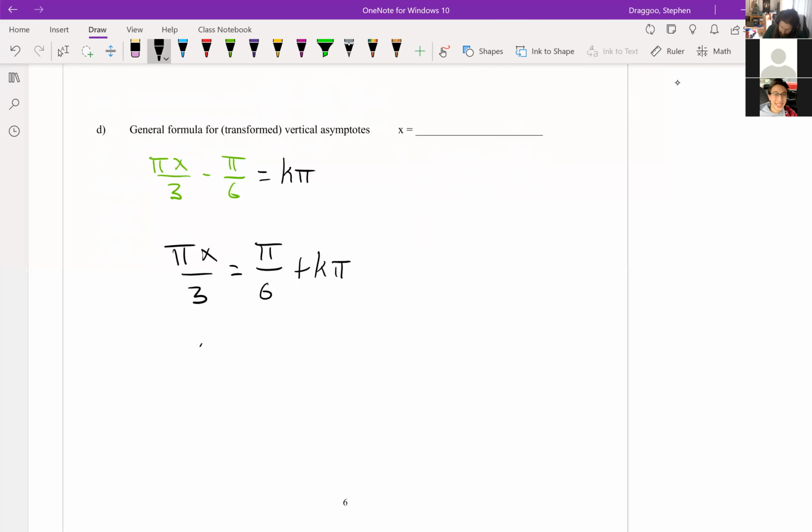I can divide a pi away from everything. So x over 3 is equal to 1 over 6 plus k, just regular old k, and then multiply both sides by 3. So x is 3 over 6, which is 1/2, plus 3k. So 1/2 plus 3k goes up there.